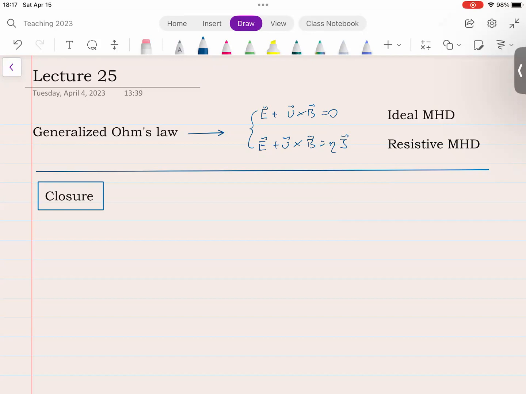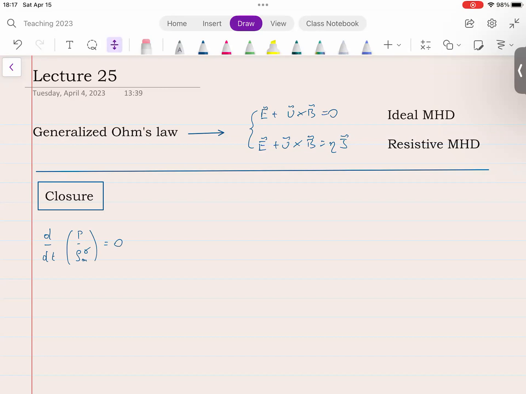The simplest isotropic single fluid closure we can write looks like this. P over rho subscript m, so that's the mass density, to the gamma does not depend on time.